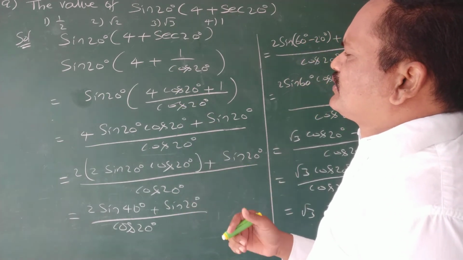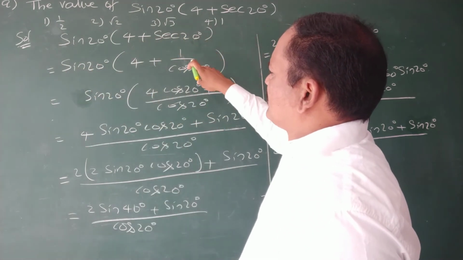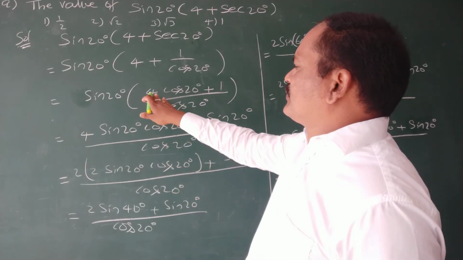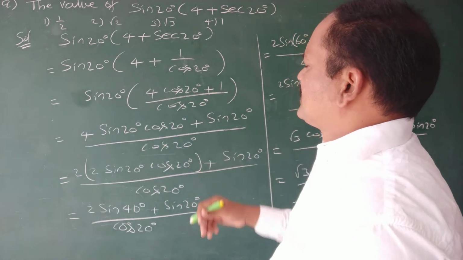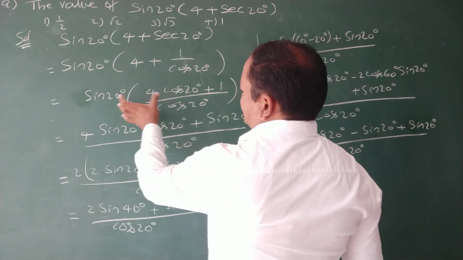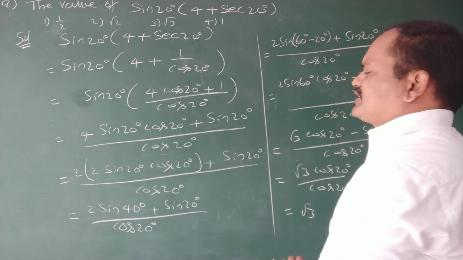Secant 20 is nothing but 1 by cos 20 degrees. Now sine 20 into 4 plus 1 by cos 20, take the LCM: multiply with sine 20 degrees here, 4 sine 20 degrees cos 20 degrees plus sine 20 degrees.